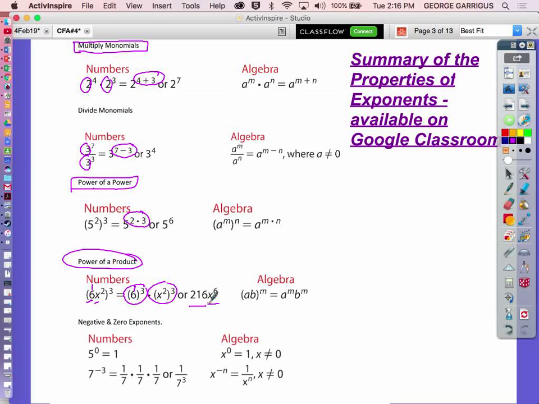Finally, any number to the 0 power is equal to 1, and any number to a negative power, what we did was we moved from the numerator to the denominator. And we switched from a negative sign to a positive sign. So it moves it into a fraction, or vice versa.